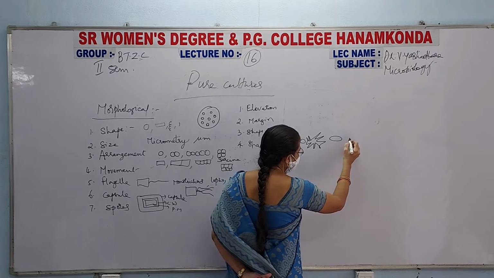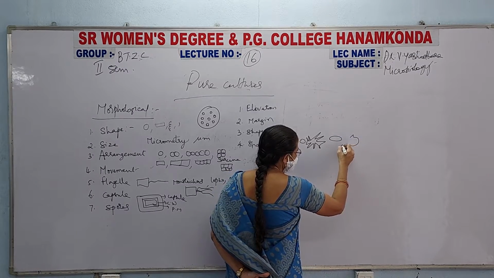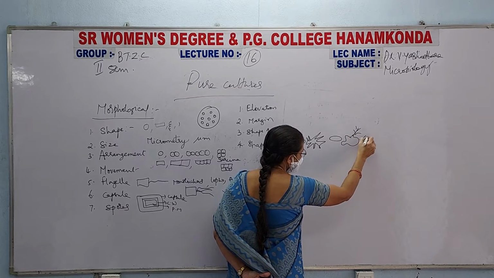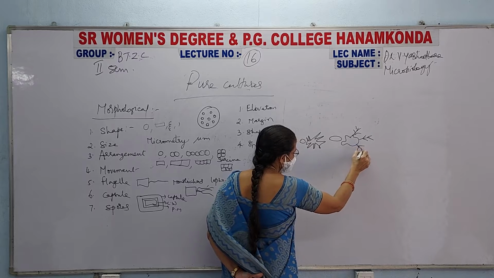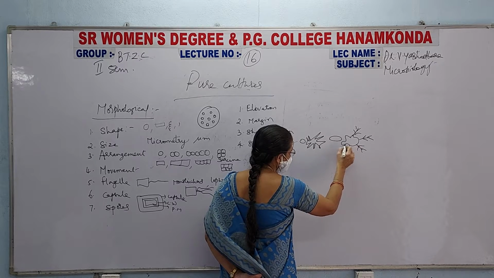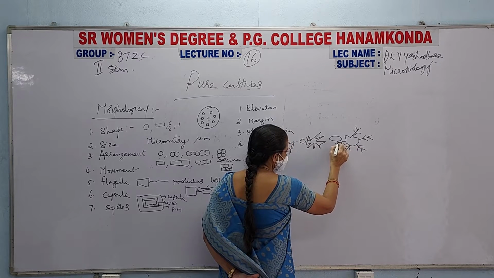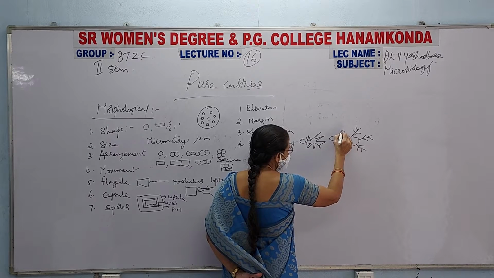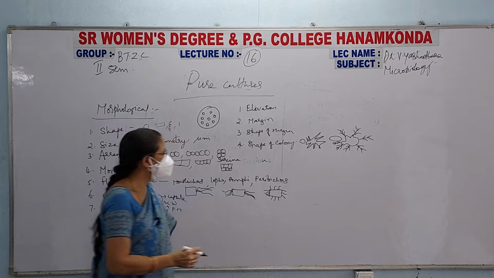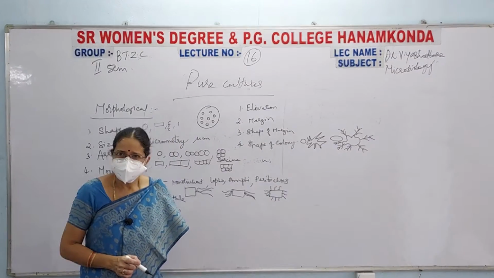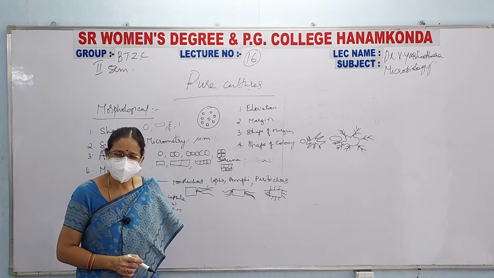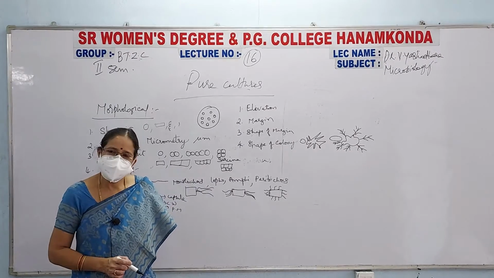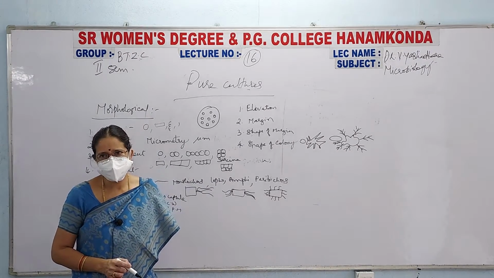Next, the colony will be rhizoidal, that is just like a root. That means the bacterial colonies will have different shapes: spherical, ellipsoidal, irregular and rhizoidal. These are the different shapes of the colonies.